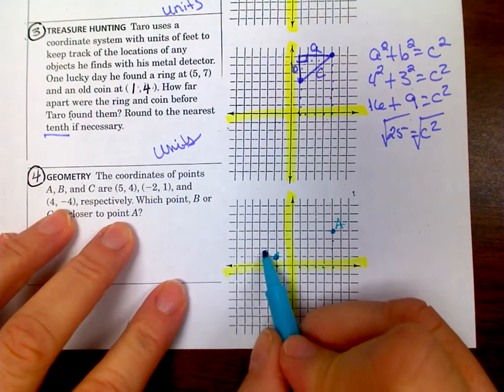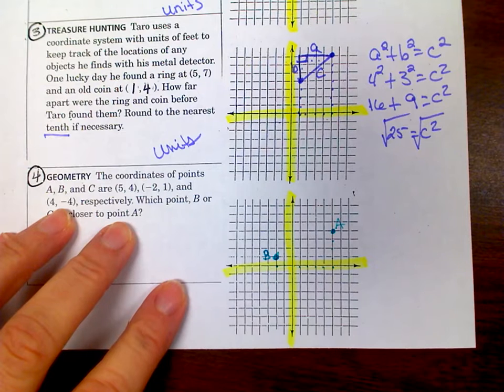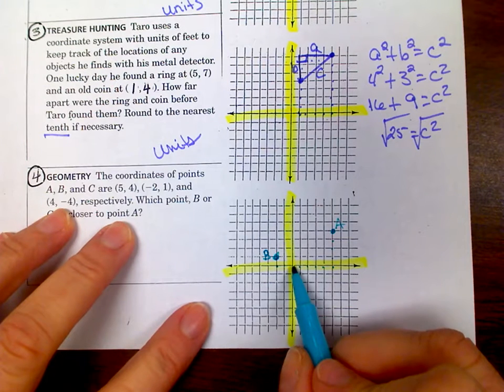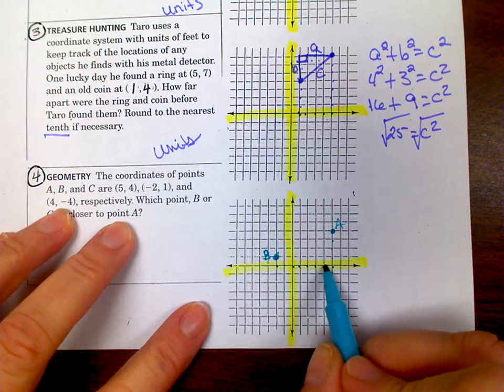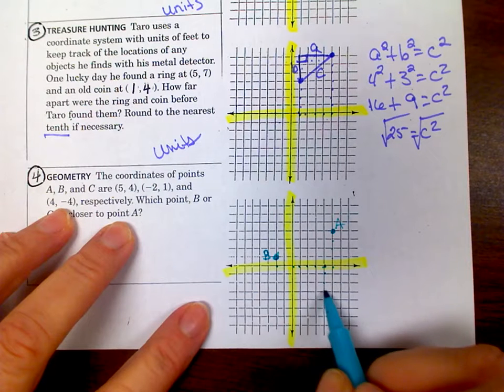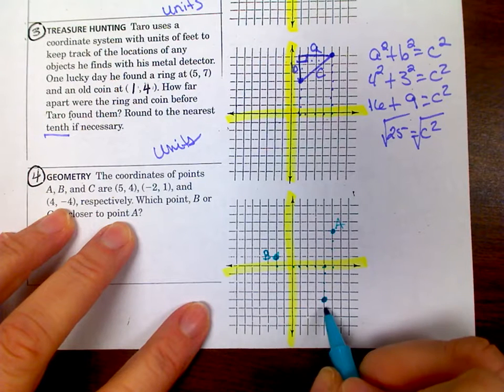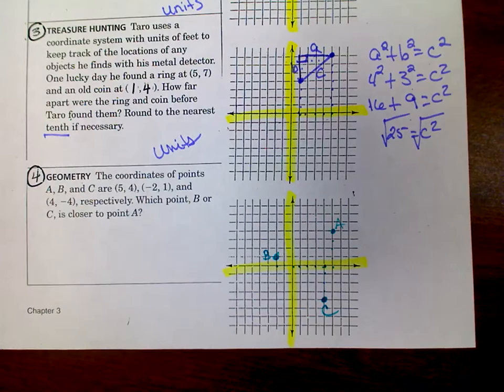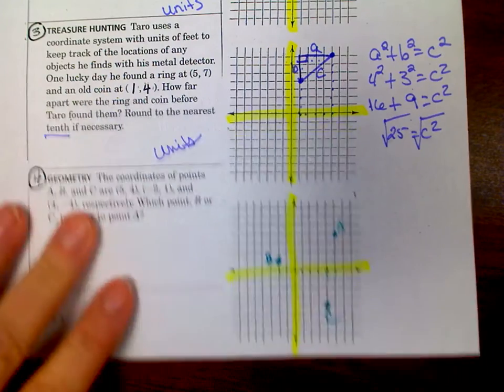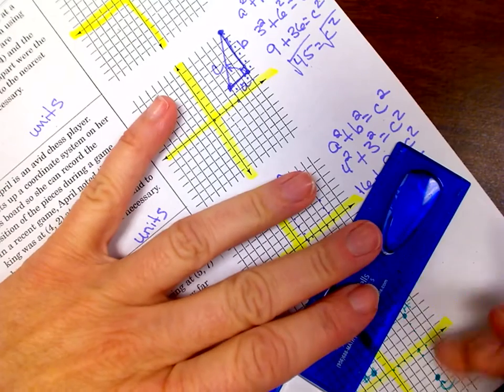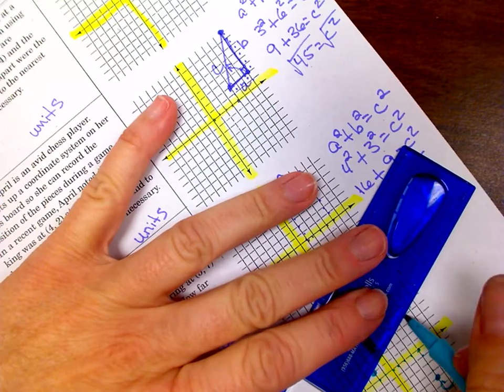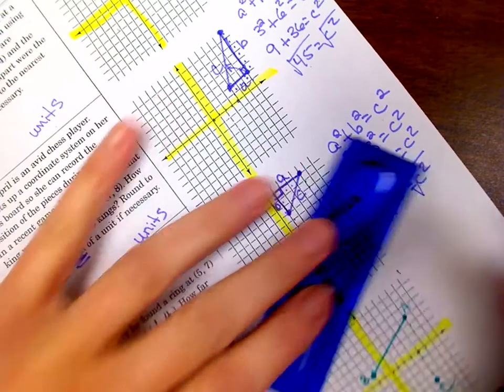And that is B. And C will be 4, 1, 2, 3, 4, 1, 2, 3, 4, -4. And that is your C. So, we're going to attach them and form a triangle.